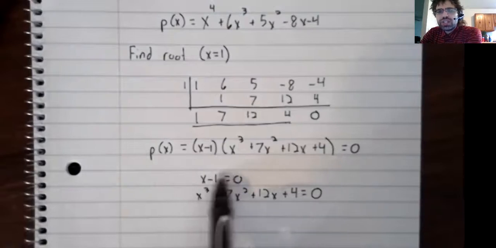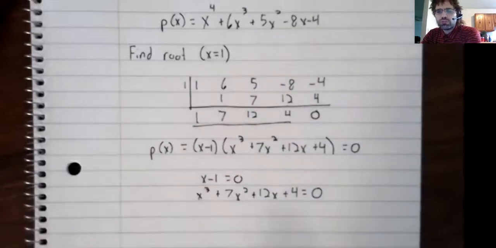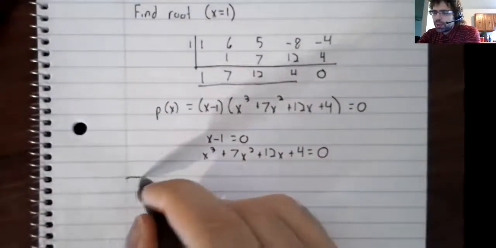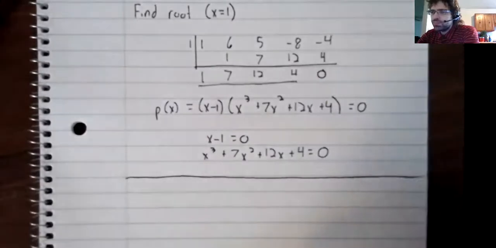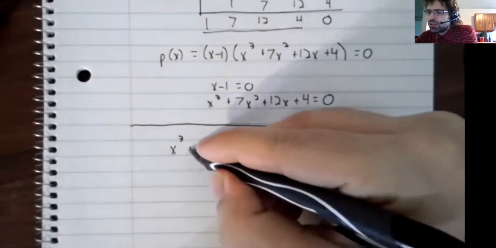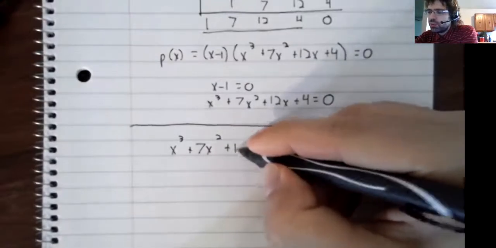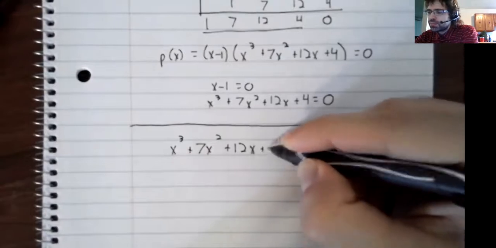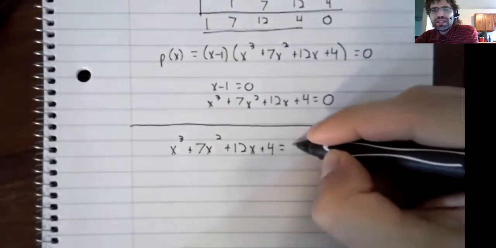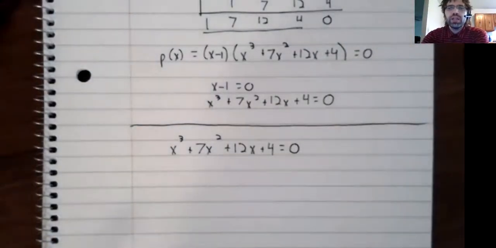This doesn't give us anything useful. We already knew that 1 was our root. But what we're now going to do is take this third degree polynomial and set it equal to 0. And we will begin this process anew.